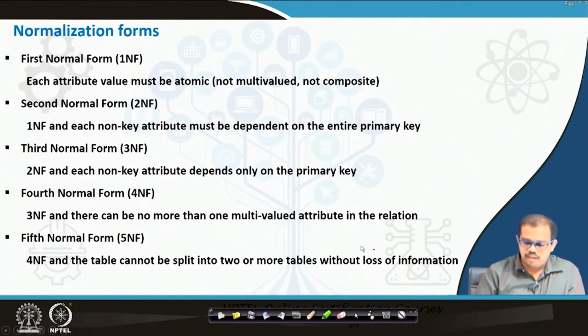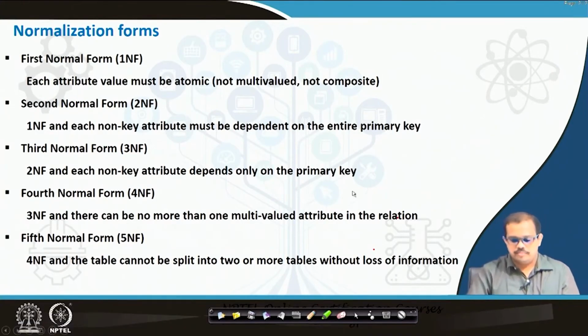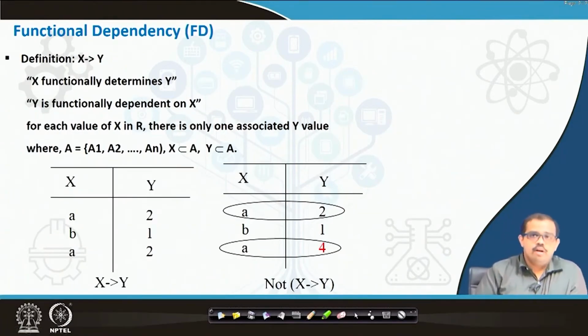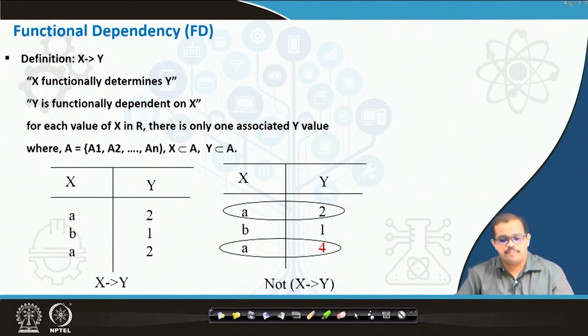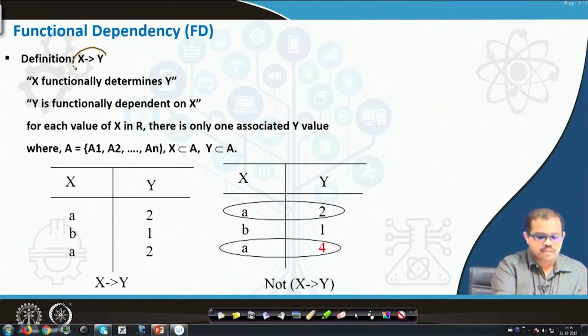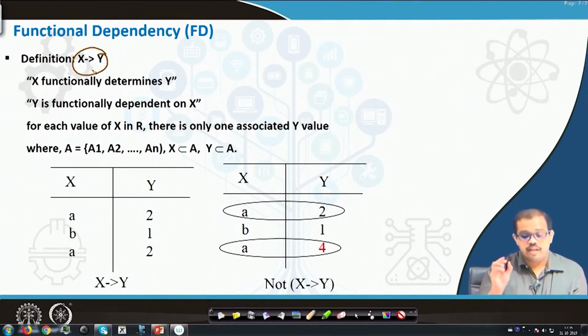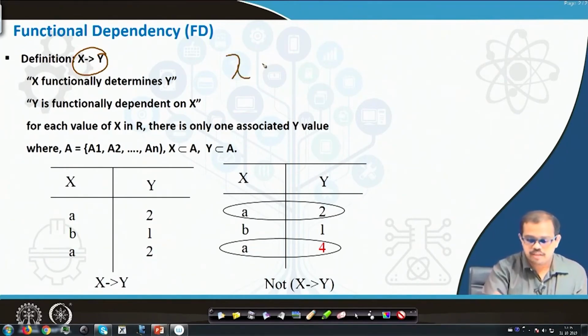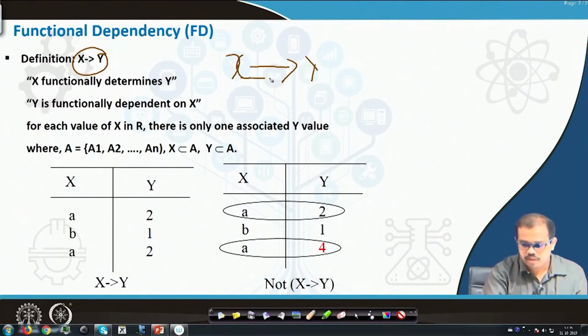Now, when we are looking at the normal forms, the first thing that we have to understand is the concept of functional dependency. When I say value y is functionally dependent on x, you are trying to write that value y survives because of x.